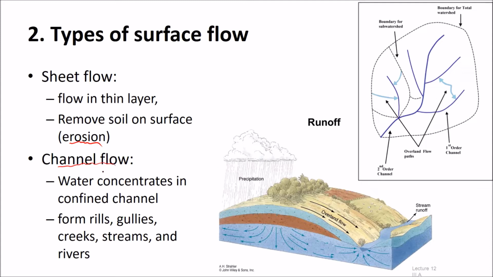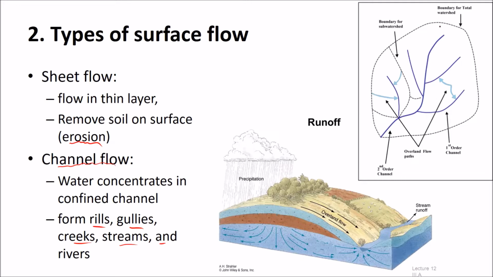Channel flow means the water concentrates in confined channels, so the flow is along one direction, not flat and not in a wide area. When flowing in a channel, it can form rain gullies, creeks, or streams. A creek means the terrain between the stream and the river. The last part will be the river, which is caused by the channel flow.